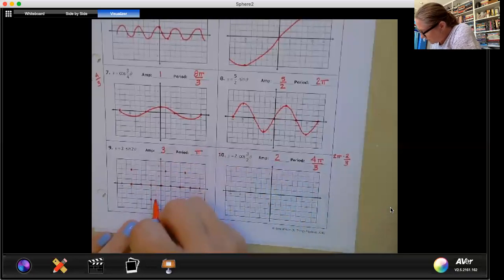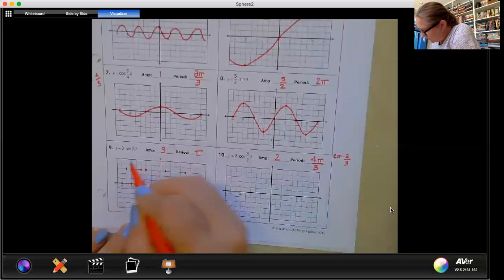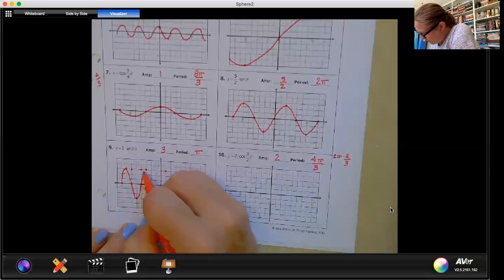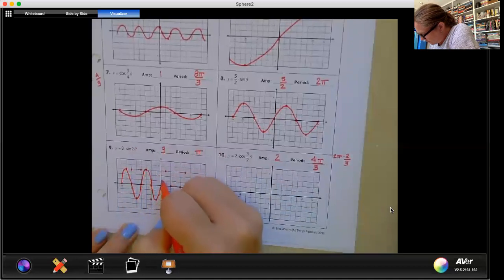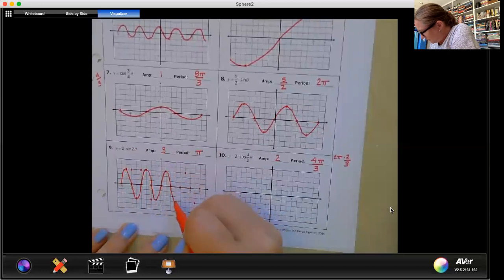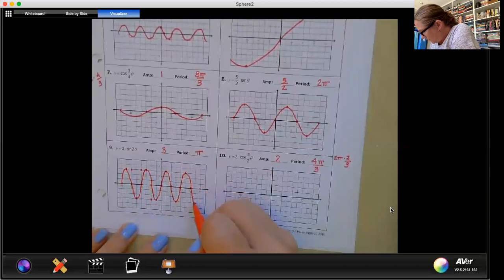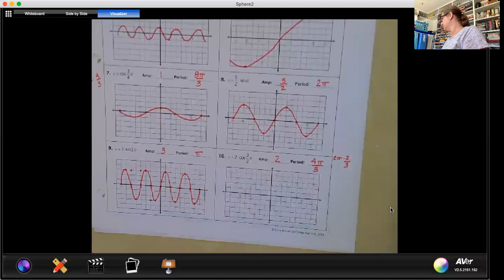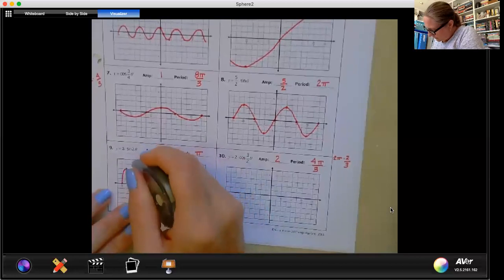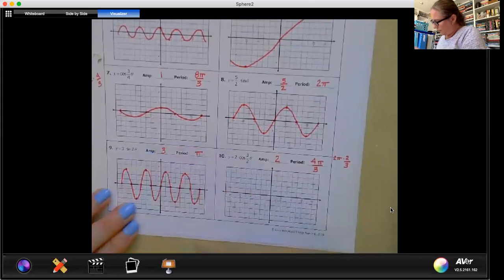I did. 1, 2, 3, 4, 5, 6, 7. So I'm going to white out some of them here in just a minute. Did pretty good on the positive side. The negative side, I didn't do too good. There we go.